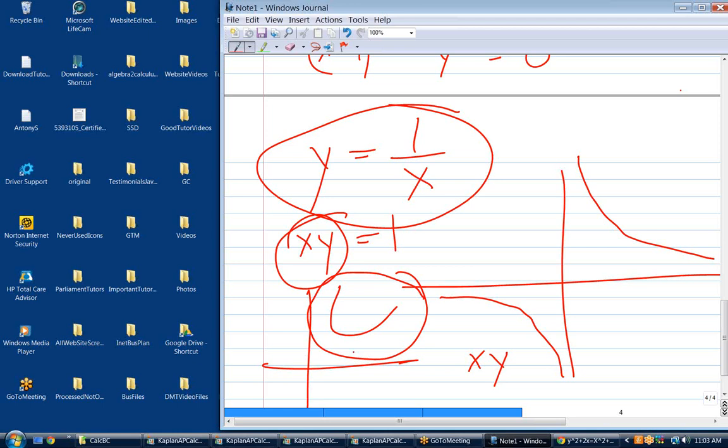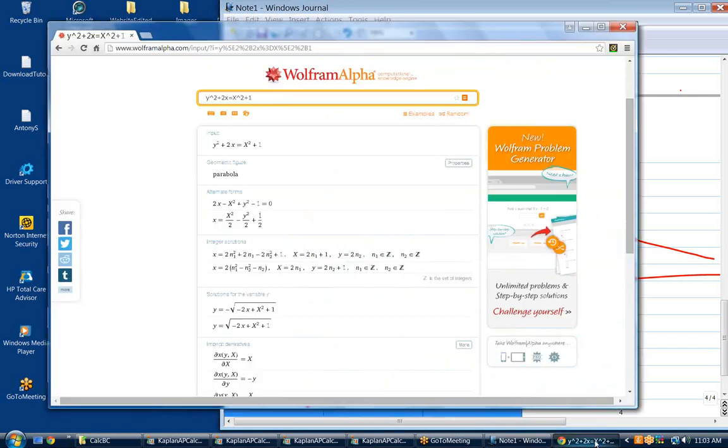If this was the case, why didn't Wolfram Alpha graph it for us, if it truly is just a rotated parabola? Now, it could be because I don't have the advanced version. If I had the professional version, maybe they would graph a rotated one.